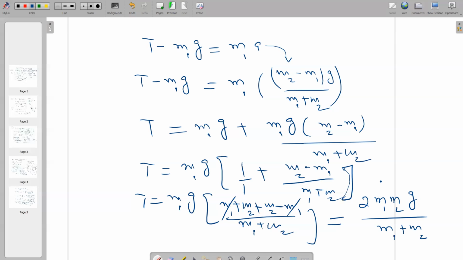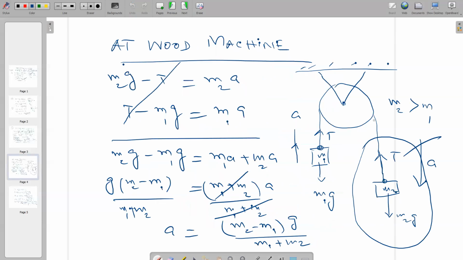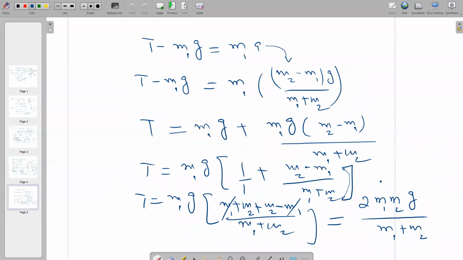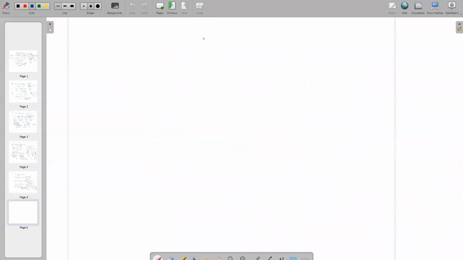One thing. Here you can see that both the bodies are hanging vertically. Now, if one body is horizontal and the other body is vertical, then how can we solve this situation? The situation is this one. This is the table.